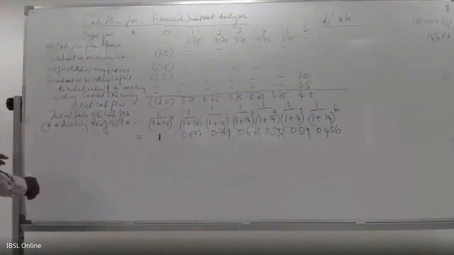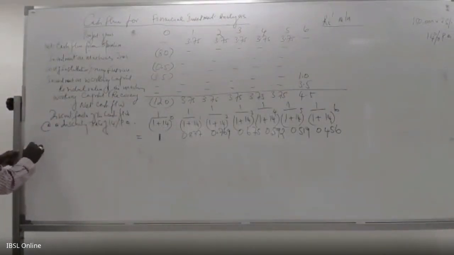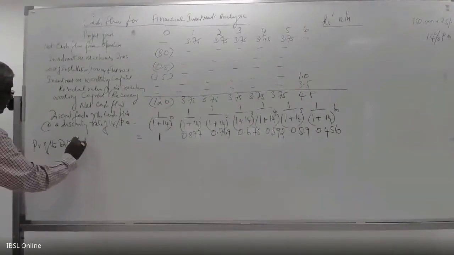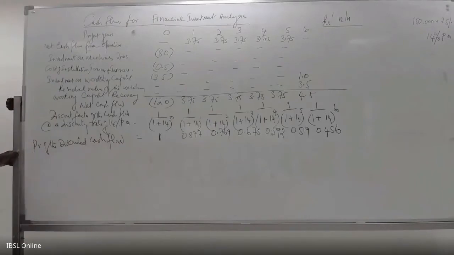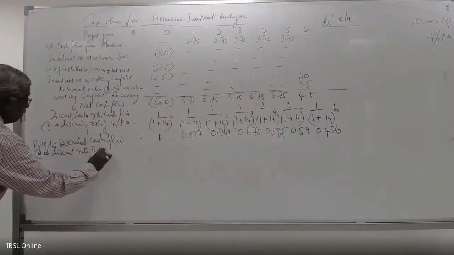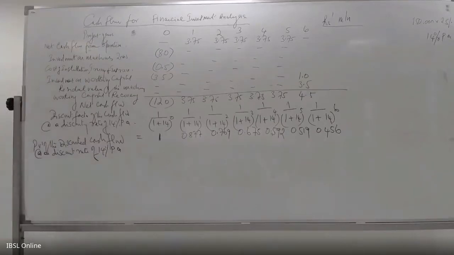So the PVs of the discounted cash flow at a discount rate of 14% PA. So now FVs are converted into PVs.